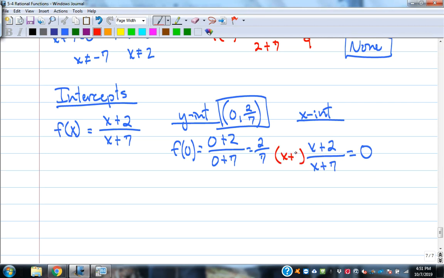I multiply by it on both sides. Works out real nice. And 0 times anything is 0, and now I've got x plus 2 is equal to 0. That's super easy. So my x-intercept is at (-2, 0).